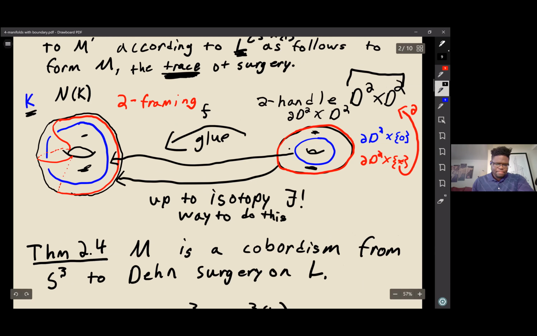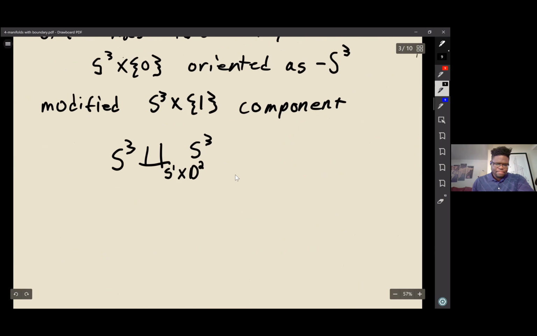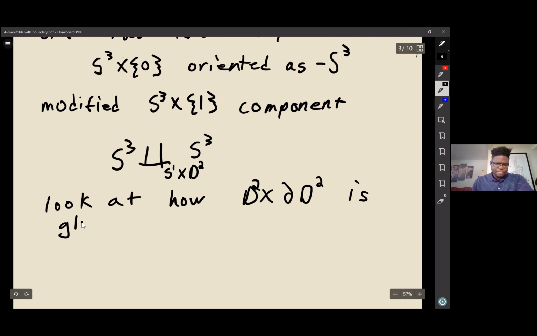So the way I can understand what happens when I glue this 2-handle is I need to look at how D2 times the boundary of D2 is glued to the exterior of the knot.